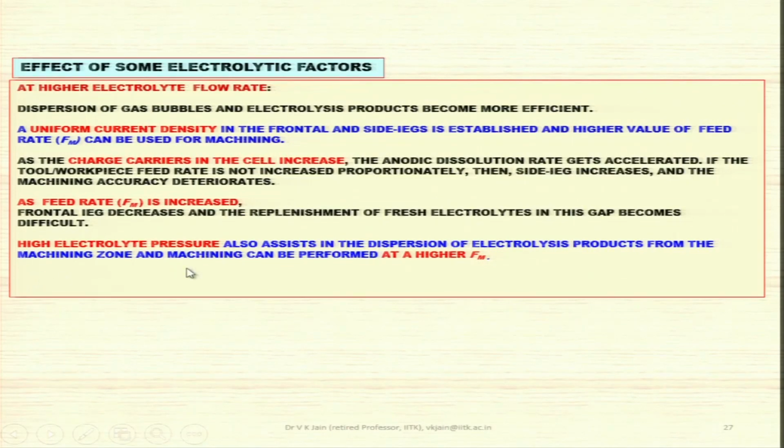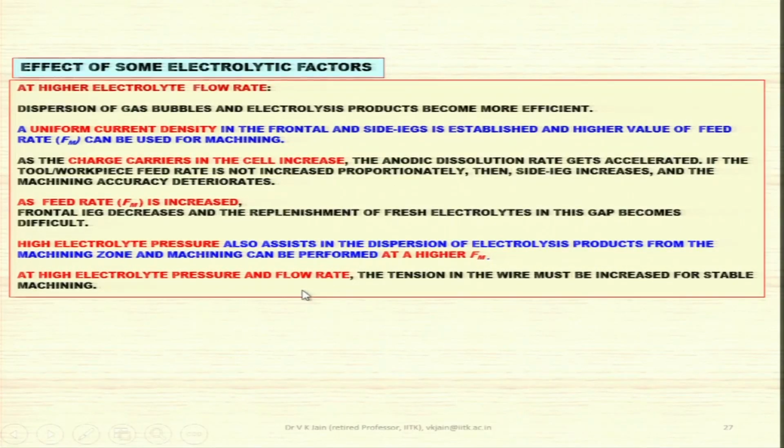High electrolyte pressure also assists in dispersion of electrolysis products from the machining zone, and machining can be performed at a higher feed rate. And if you can perform the machining at higher feed rate, then definitely material removal rate is going to be higher.